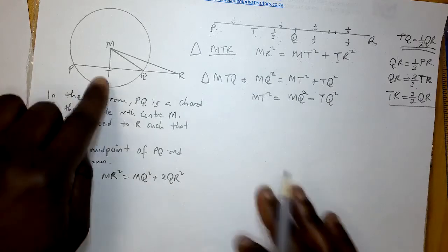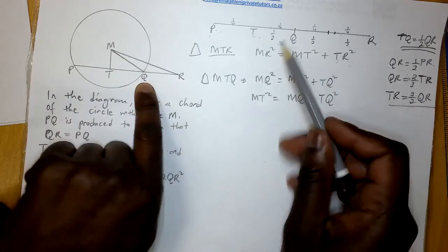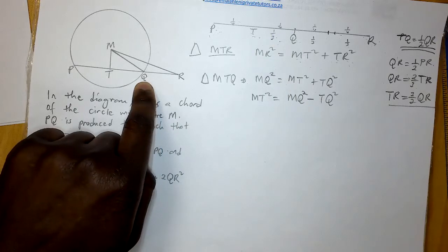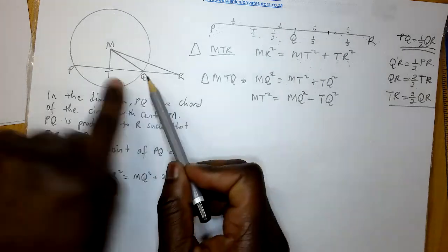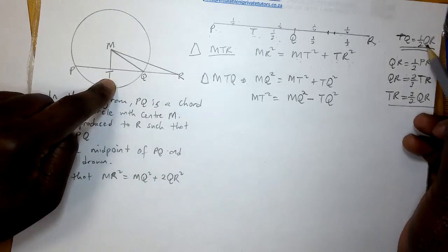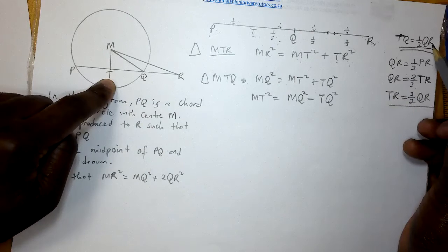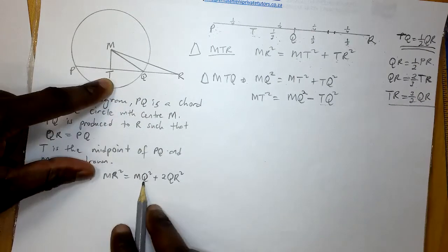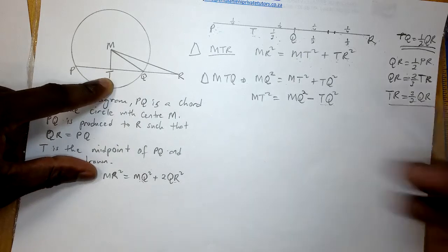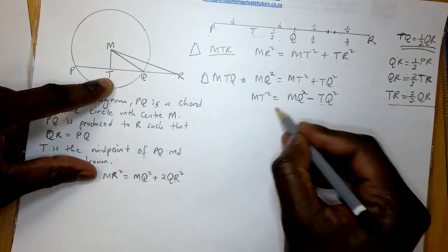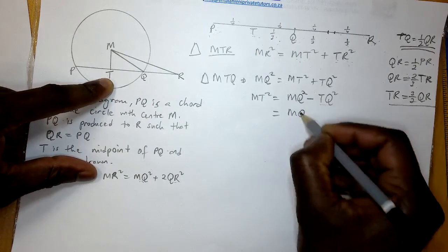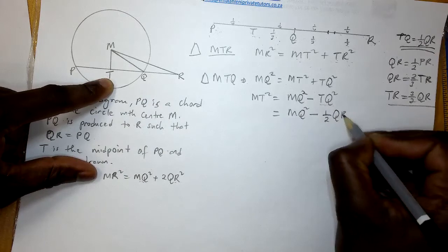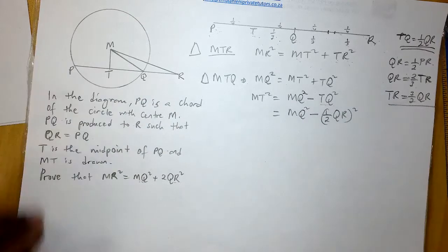Now TQ squared, we know that TQ is half of QR, so we can express it in terms of QR, because we want MQ and QR in our expression. So it's going to be MQ squared minus 1 over 2 QR in brackets, squared.